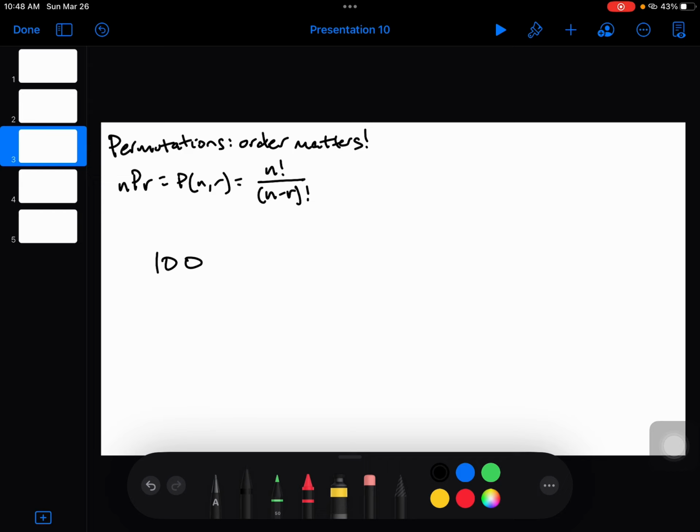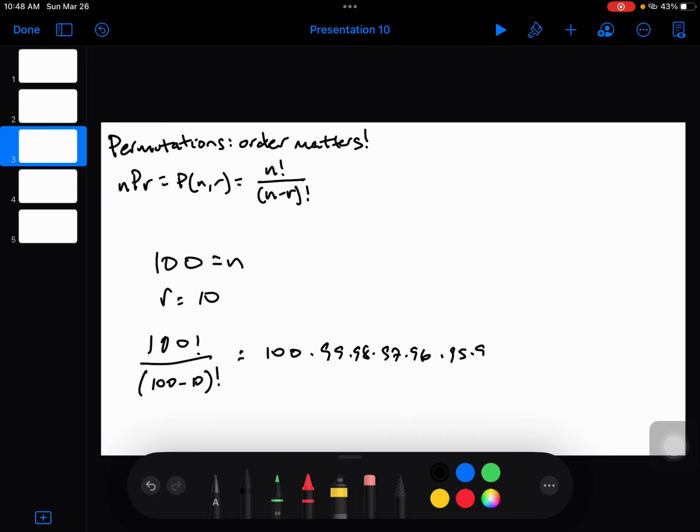So if you've got 100 total, that's your n, and your r is the 10 you're choosing. This is just 100 factorial divided by (100 minus 10) factorial, which is 100 times 99 times 98 times 97 times 96 times 95 times 94 times 93 times 92 times 91 times 90 times 89, and so on all the way down to 1.